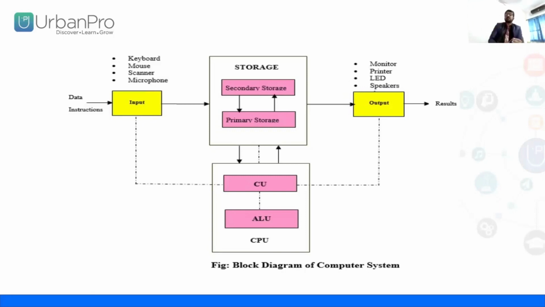That result will be displayed on the screen, that is the monitor, either as soft copy or you can take it on a printer, LED, or speaker. So this is the block structure of a computer system.